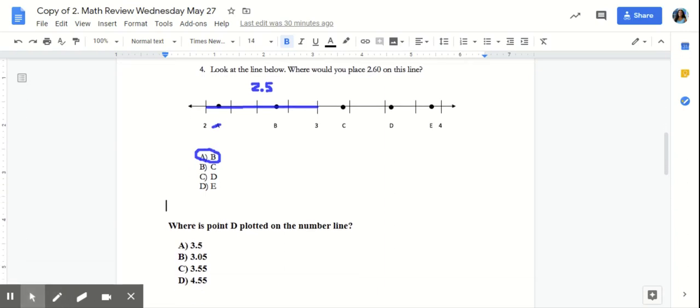Now, where is point D plotted on this number line? A, 3 5/10, B, 3 5/100, C, 3 55/100, D, 4 55/100. So we see that D is plotted in between 3 and 4.